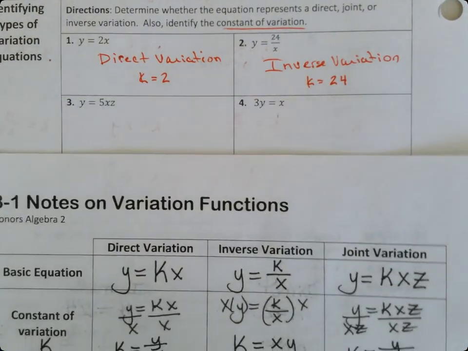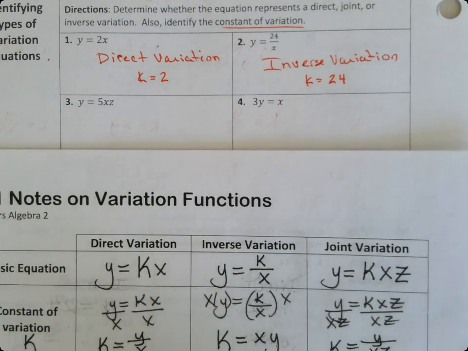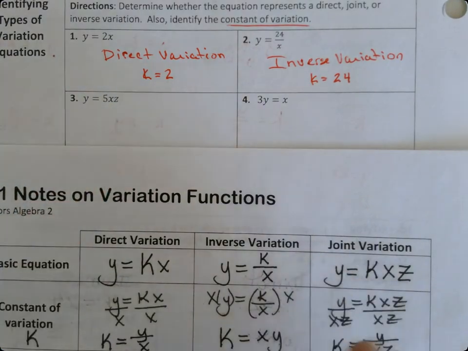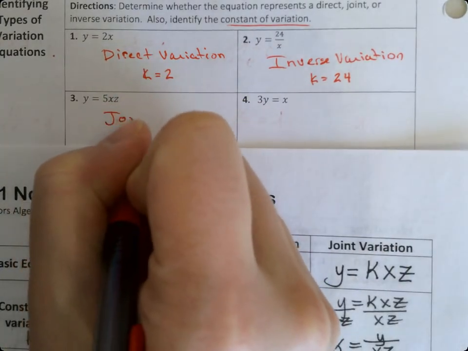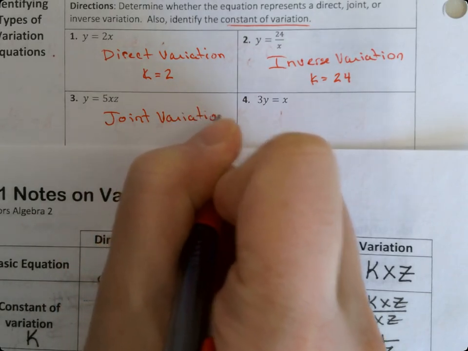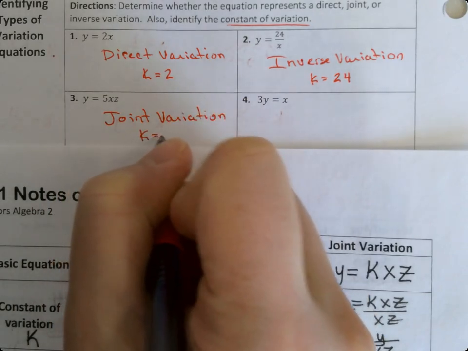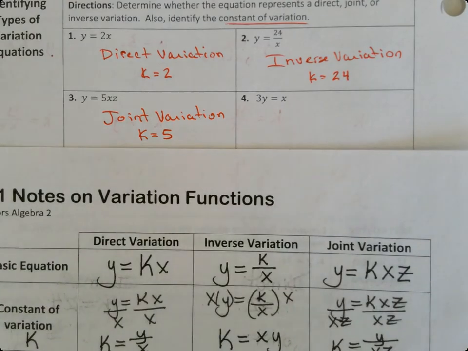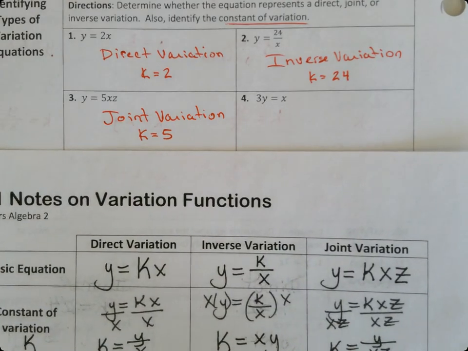All right, number 3, again, a little bit more obvious because you see it, kxz. So this is a joint variation, and k equals 5.